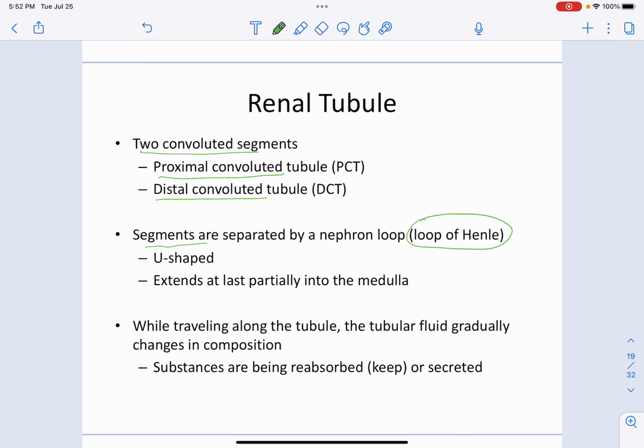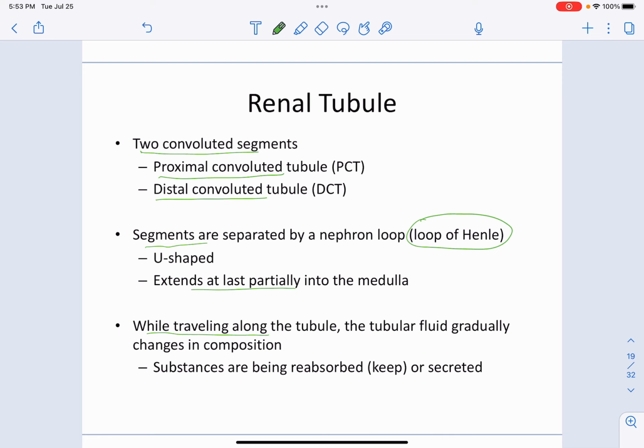This loop actually does extend out of the cortex and into the medulla of the kidney. There's going to be some additional ion exchange that can happen in that loop before the solution is determined to leave the body. While traveling along the tubule, the fluid will gradually change in composition because there's a lot of ion movement back and forth.